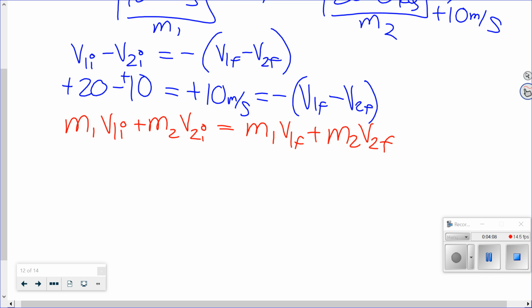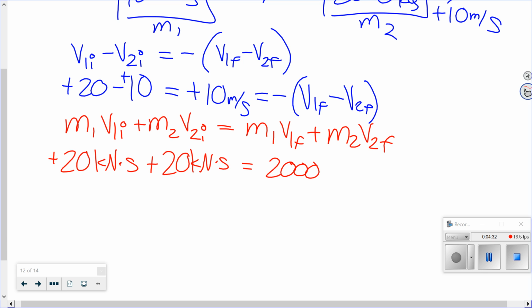Well, I know V1 initial, and I know m1. So that's 20 thousand newton-seconds, plus 20k N·s, and I know the other one. It's another 20k, because it's moving forward 10, and it's got a mass of 2,000 kilograms. So that equals 2,000, oh no, it's 1,000 for m1, V1 final plus 2,000 V2 final. Hey, I could divide everything by 1,000. Make my life a little easier.